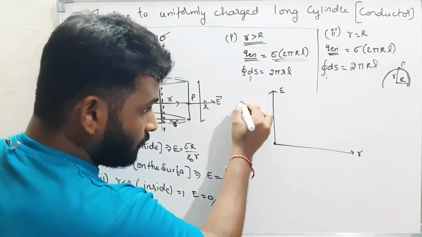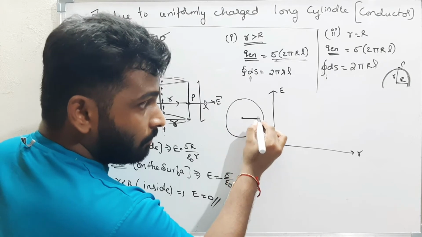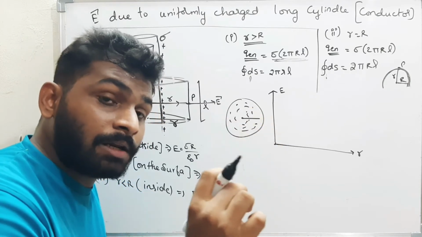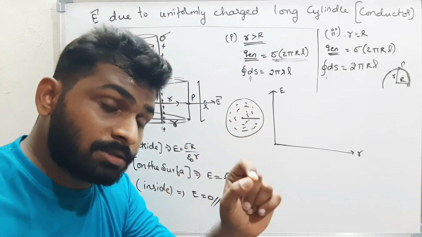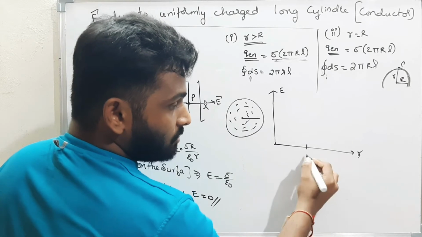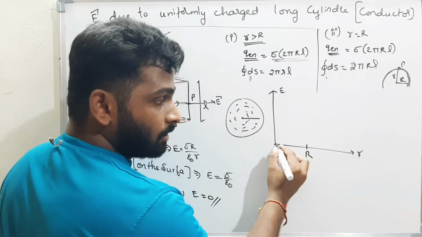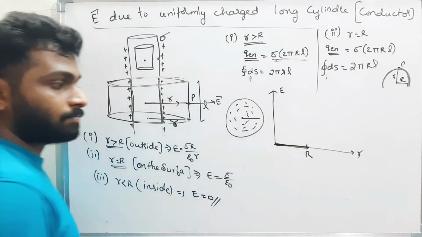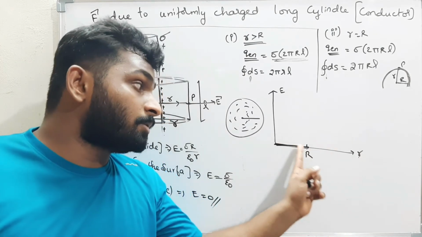See, this is a cylinder, and from the center to capital R, the point may be anywhere inside the cylinder, but the electric field at that point is 0.